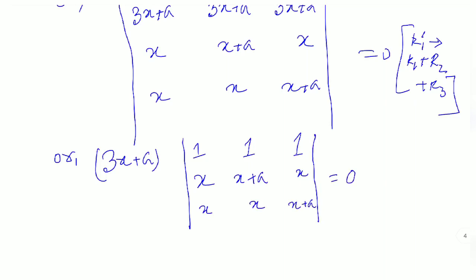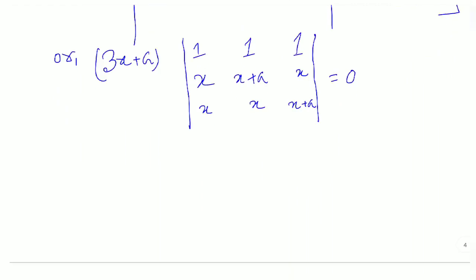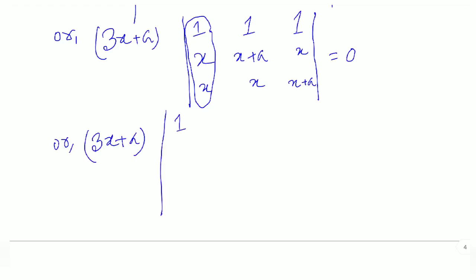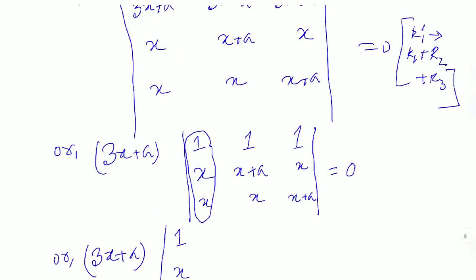So now, as I have said, this 1 1 1 is actually a jackpot, right? So what you need to do is take one of the columns as constant and then subtract that constant from the other ones. So what you are having is 3x plus a, and you are having 1, x, right?